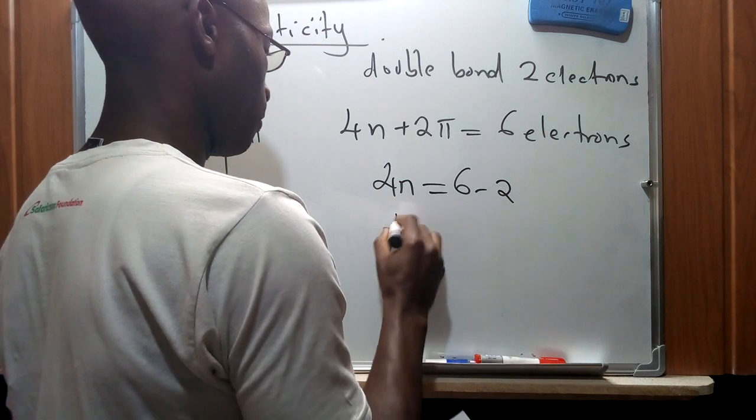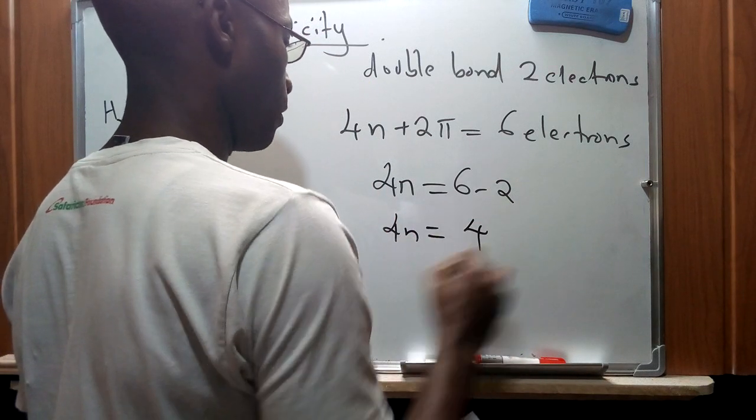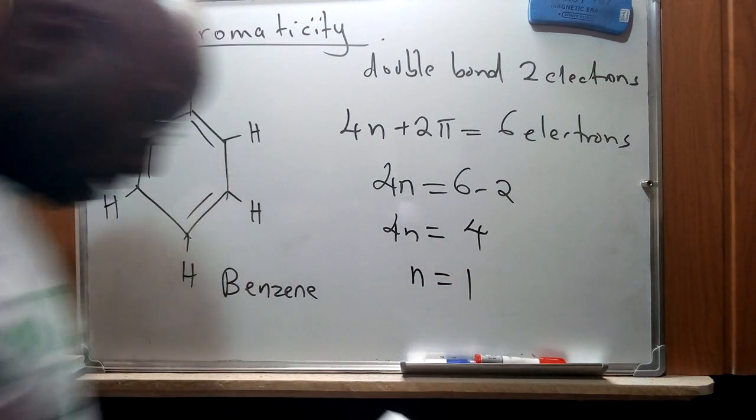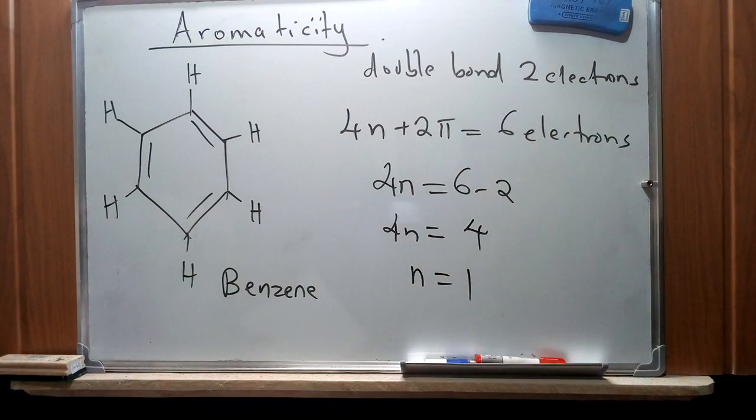And then we have 4n equals 4, therefore n equals 1. When this is a whole number like that, this confirms that the benzene ring system obeys the Hückel rule, and therefore it's an aromatic compound.